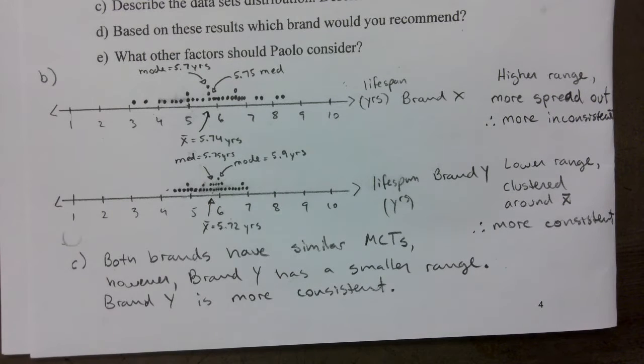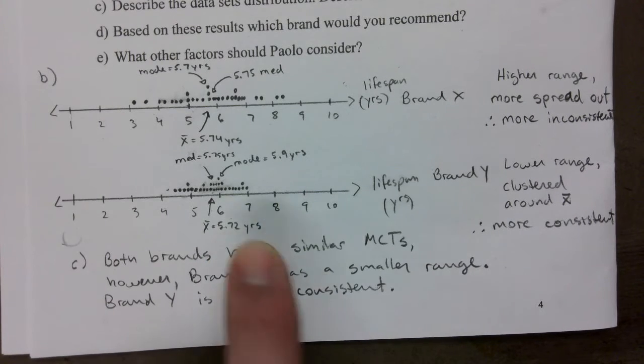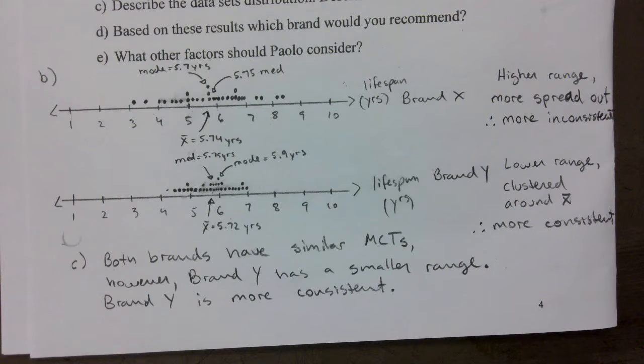What does that mean? In other words, most brand Y batteries will last 5.72 years, what they claim the average lifetime is, because the data points are very close to the average. You don't have that big gap with some inconsistent. Kind of like an Amazon review. Sometimes you see 4 stars, you click on it, and you've got the 1 star, the 4 star, the 1 star, the 5 star.